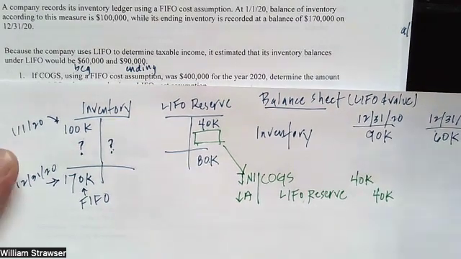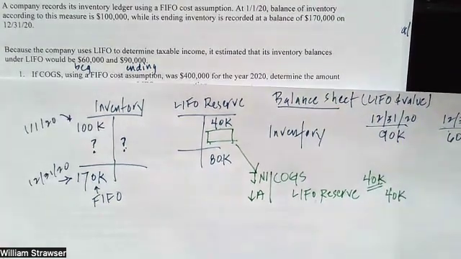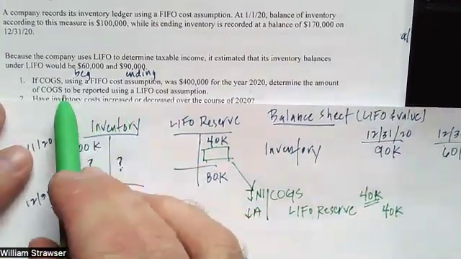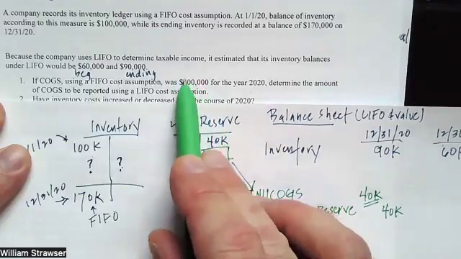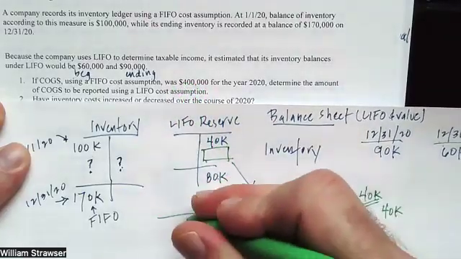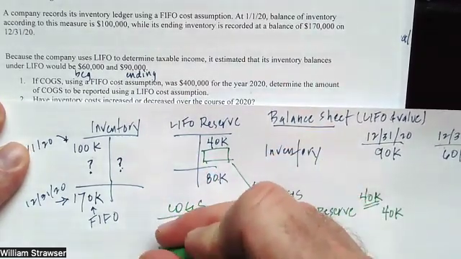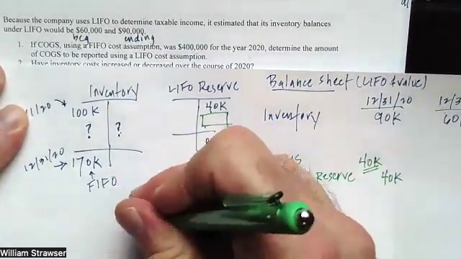Okay. So this is the amount that moving from FIFO to LIFO increases cost of goods sold by. If I was using a FIFO cost assumption, my cost of goods sold account is at 400,000. So this would be its unadjusted balance.